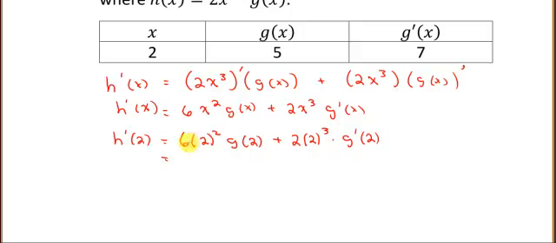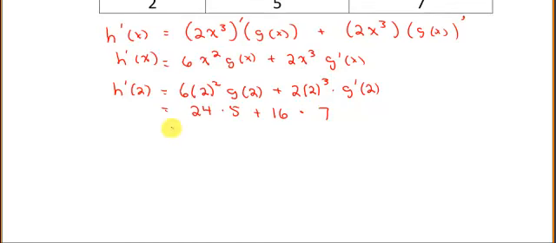Well, this will be 6 times 4 is 24, times g of 2 is 5, plus 2 times 8 is 16, times g prime of 2, which is 7.